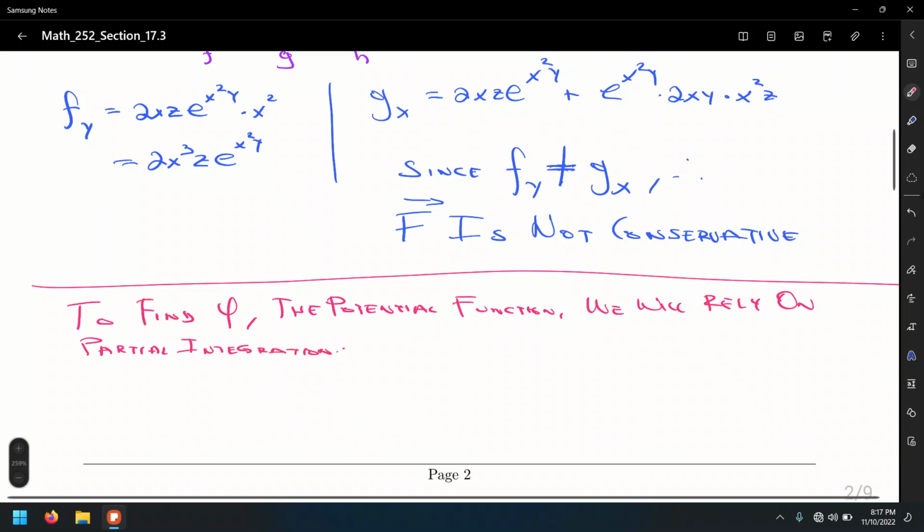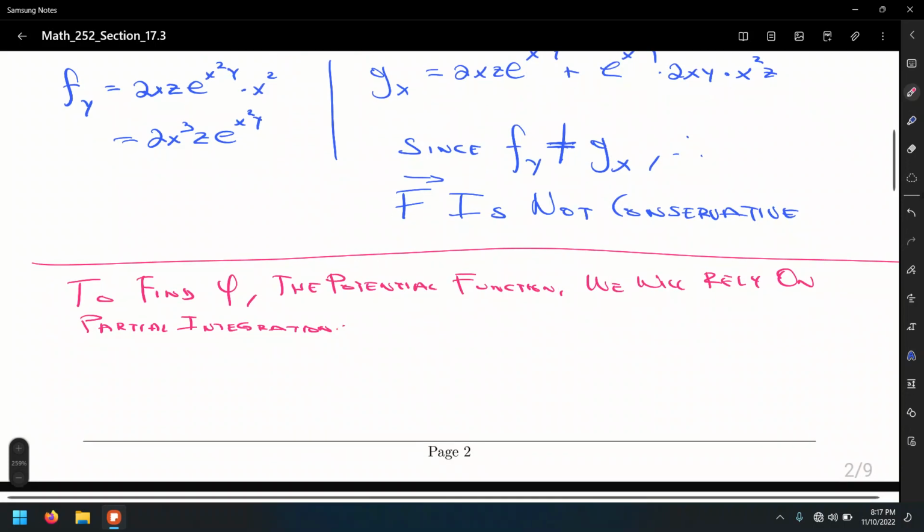And what is that? Whenever we have f of x, y, z, let's call this w, f of x, y, w. That means nabla of f is the partial derivative of f with respect to x, comma, the partial derivative with respect to y, and the partial derivative of f with respect to z.